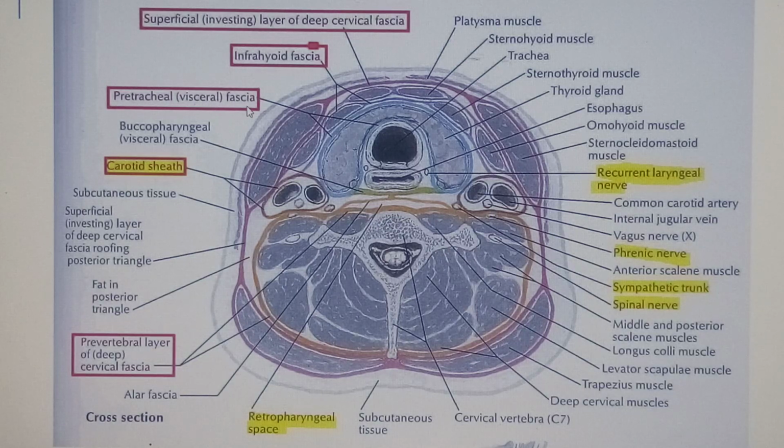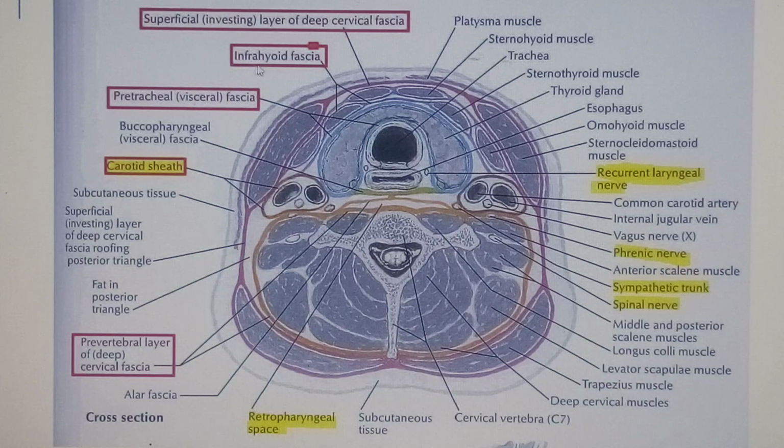Okay, that's one thing. But in front of it, we have some muscles which are also included in this fascia. Those muscles we call the infrahyoid muscles, the strap muscles. We talk about the sternohyoid, sternothyroid, and omohyoid muscles. All those muscles are included in the parietal layer of what we call the pretracheal fascia.